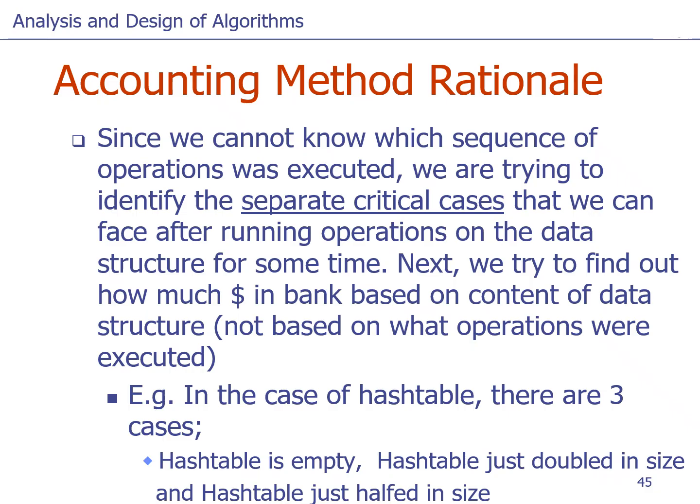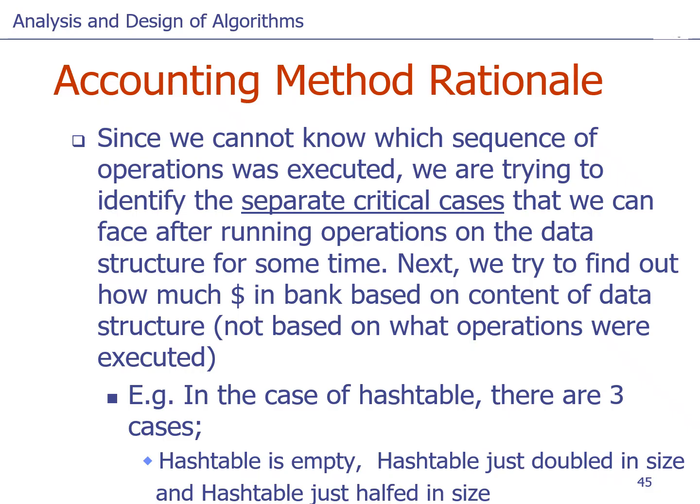So we will do the analysis at the moment after the critical case happens. And this is one difference between it and the averaging method, where we were thinking of the doubling in the number of buckets, but we were not doing the analysis at the moment it happens.